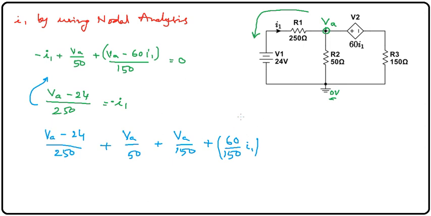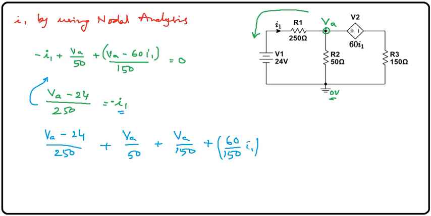So now it is very easy to find out VA. Of course, we can do it another way around, so that we can directly find I1. Okay, of course, we will do it this way. Let's not confuse now. So this is 60 by 150 into I1, but here this is minus I1. So we can substitute straight away.